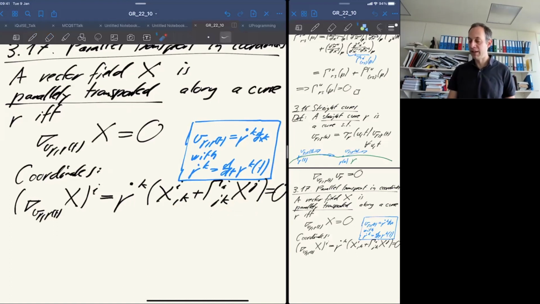It says that if I want to take the derivative of a vector x in the direction of gamma, then I just multiply by this direction gamma. Remember, these are the coefficients of the direction vector. That's what I said here. So these are the coefficients times the derivatives in that direction of x^i.